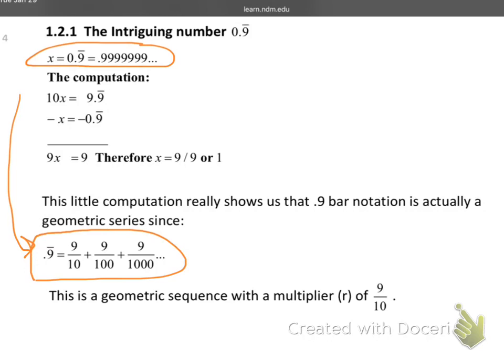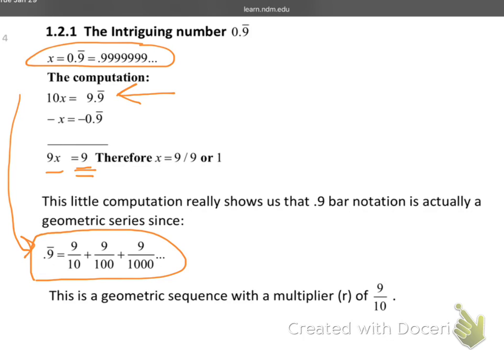If your repeating decimal is in the 10th spot, take your number and multiply it by 10. In this situation, that gives us 9.9 bar. Then subtract away the repeating part of it by subtracting away 1x. So I've set x equal to 0.9 bar notation. Okay? So if I subtract 10x minus x, I get 9x. And if I subtract 9.9 bar minus 0.9 bar, I get a plain old 9.